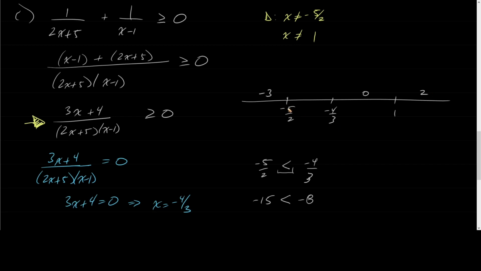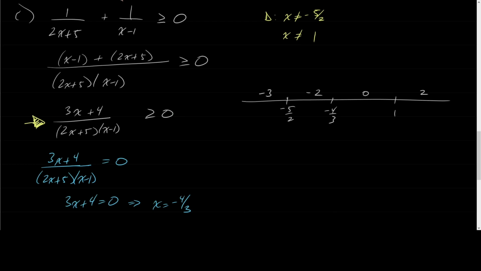Between negative 5 halves and negative 4/3, well, negative 4/3 is negative 1.3 repeating, and negative 5 halves we just said was negative 2.5. So negative 2 would be somewhere in between these two. So we're going to test all these values into this inequality. And again, notice that we're comparing it to 0, right?